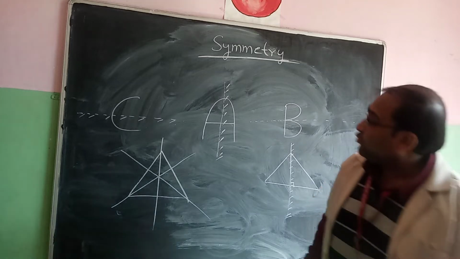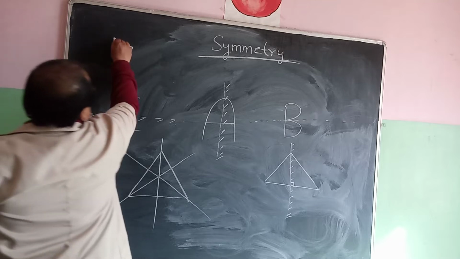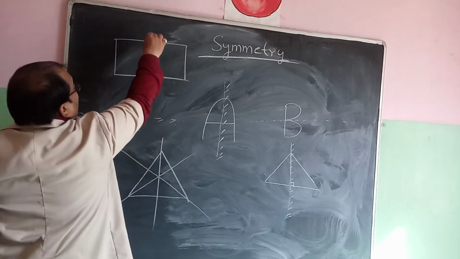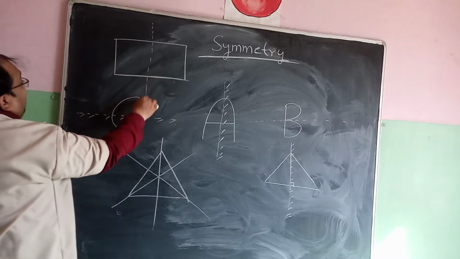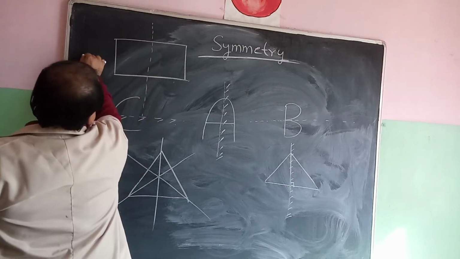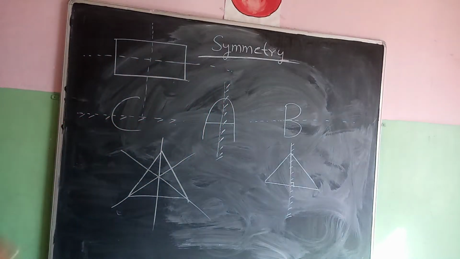Now, if I ask you about a rectangle, in a rectangle there is this vertical line of symmetry passing through the middle, and there is a horizontal line of symmetry passing through the middle. So in a rectangle there are two lines of symmetry.